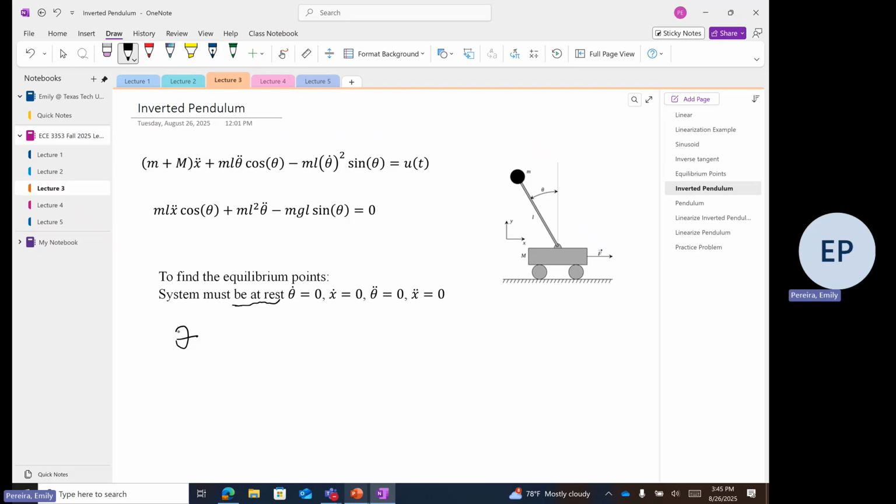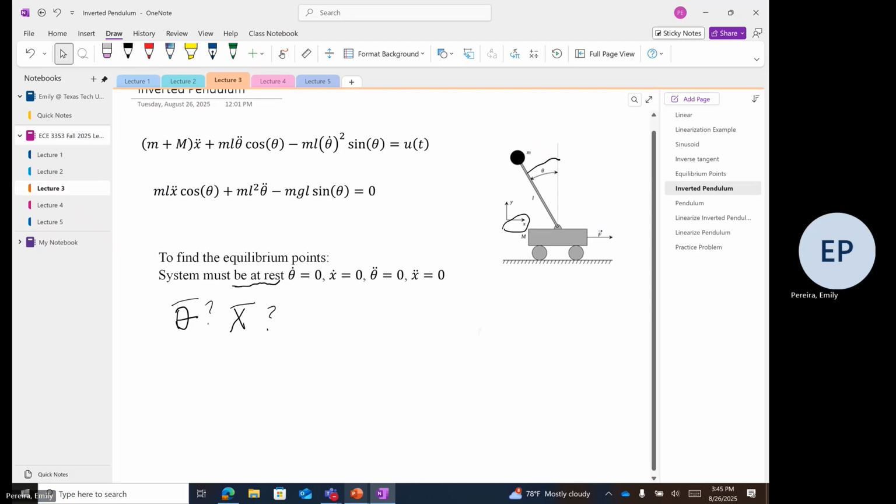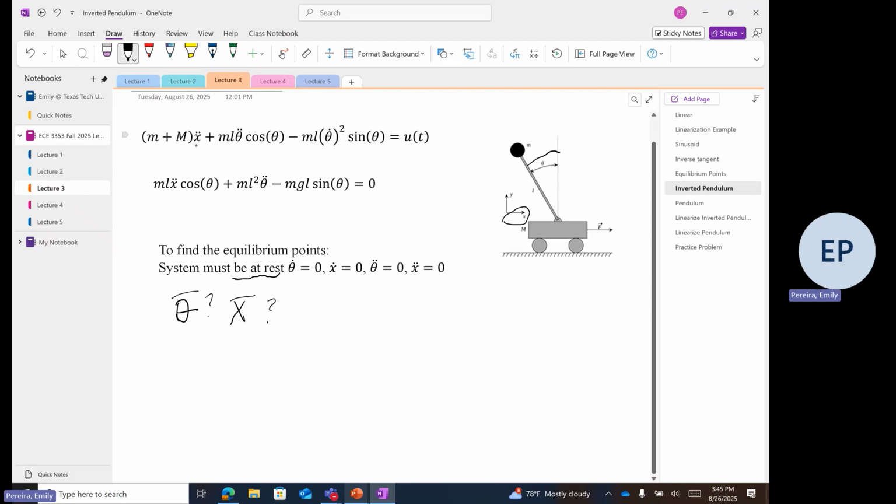Theta, remember, is this angle, and x is the position of this cart. So we want to find what x bar and theta bar are. We plug in 0 here, here, here, and we also don't want any input. So what does that leave us?